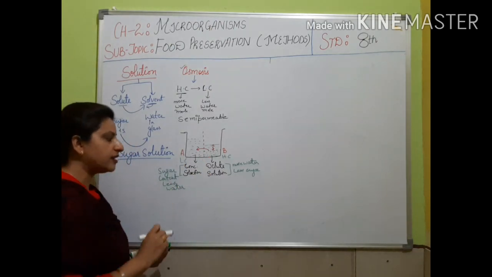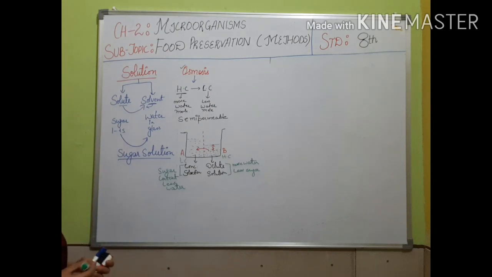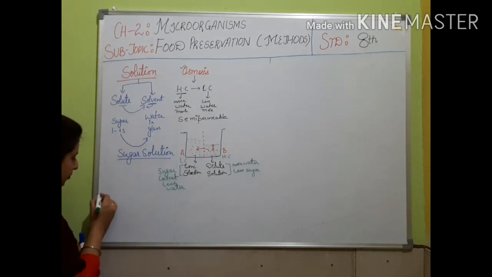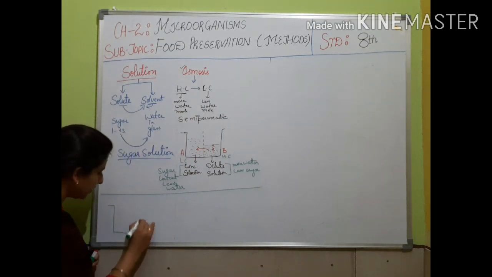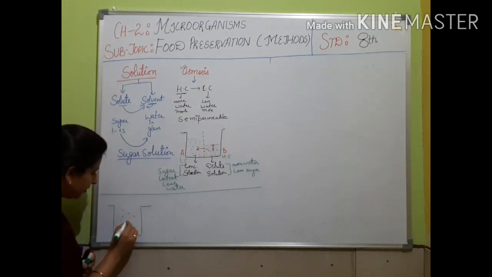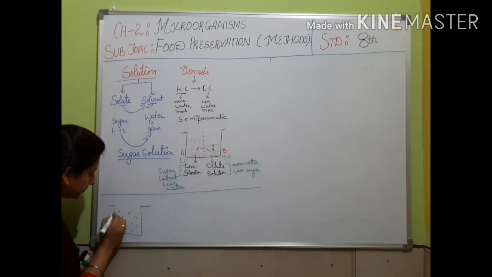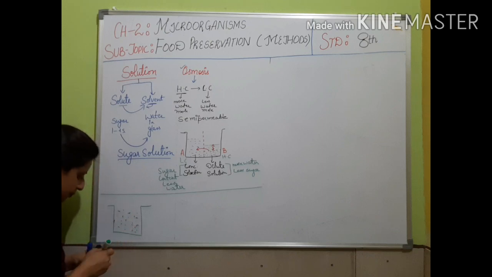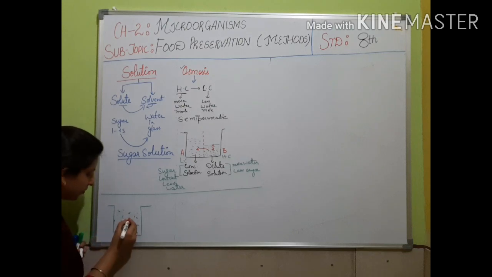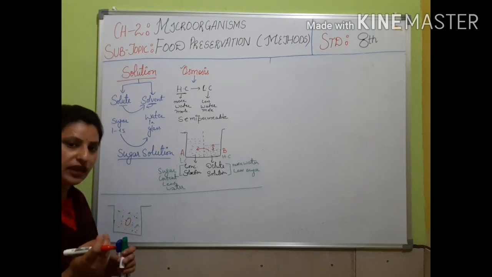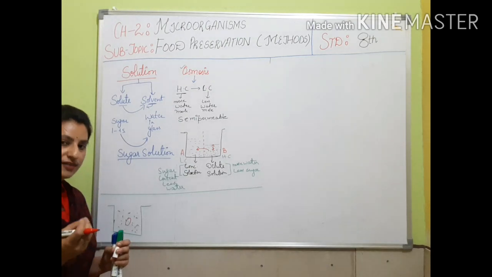To support this experiment, I would like to add one more thing here. For example, we take a beaker and in that beaker we take simple water first. In simple water, I put one raisin. Raisin means the kishmish which you eat in your home as a dry fruit.